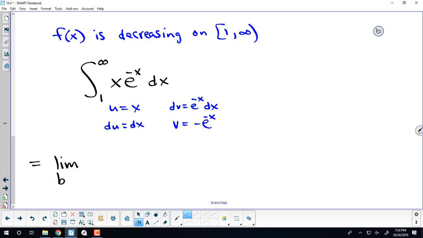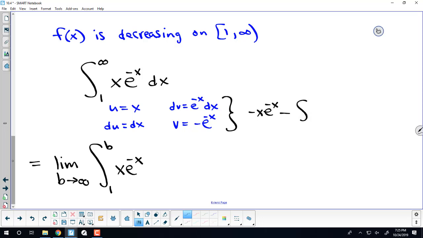The limit as b approaches infinity of the integral from 1 to b of x e to the negative x. And maybe we should just figure out what this integral looks like and then put the bounds in, because we'll get an additional antiderivative. So we have u times v minus the integral of v times du.